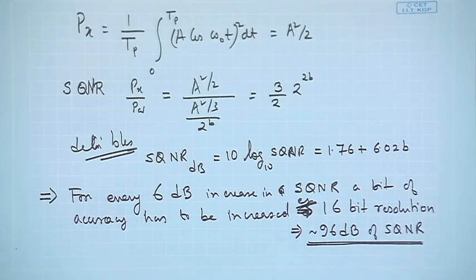That means if I go for one extra bit, I am going to get another 6 dB increase. So, with 16 bits of accuracy, I get nearly 100 dB of signal to quantization noise ratio, or in other words, we are going to get 100 times signal power over the quantization noise power.